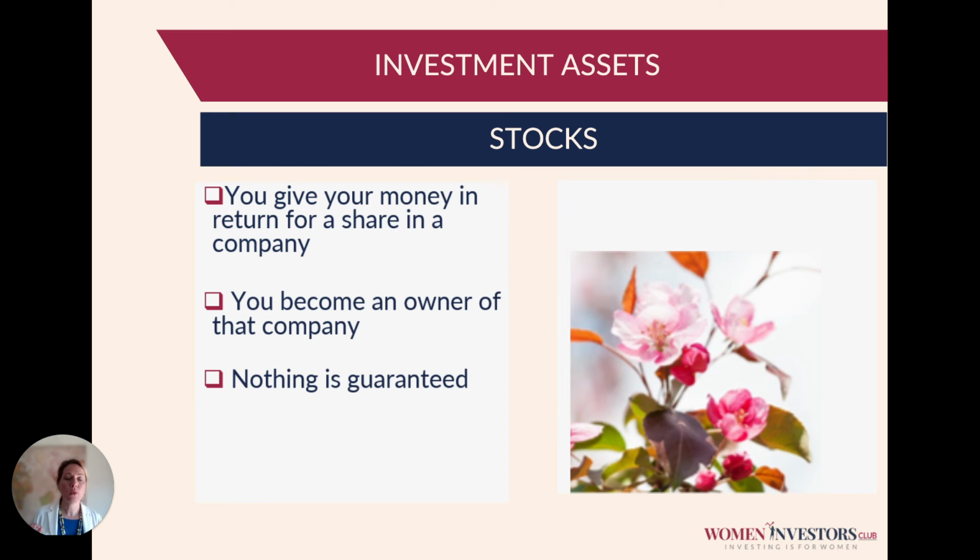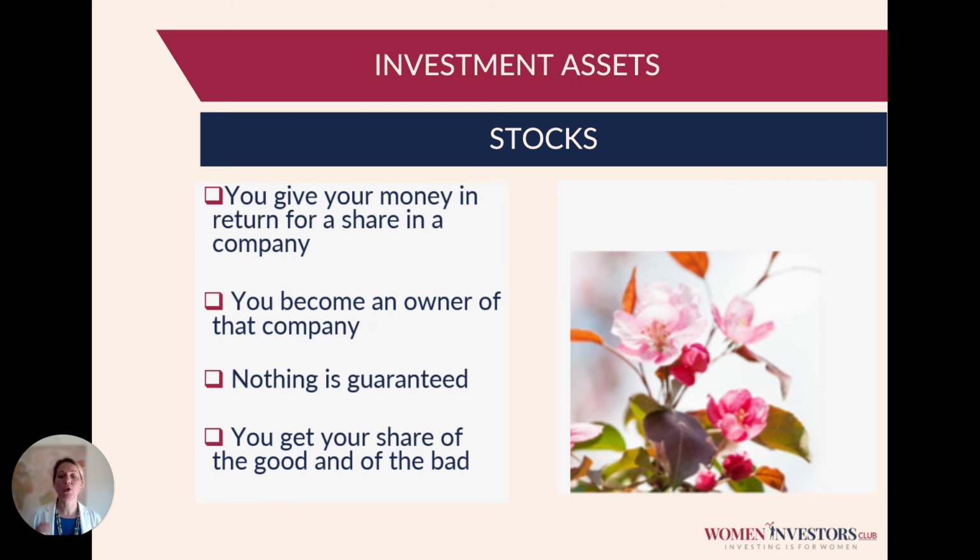Nobody is expected to pay us back our money. We became the owner, so we will have our share of the good and of the bad. This is a big difference. Stocks are called equity. So when we hear the word equities and what is happening with equities, they are talking about stocks. In Spanish, it would be renta variable.